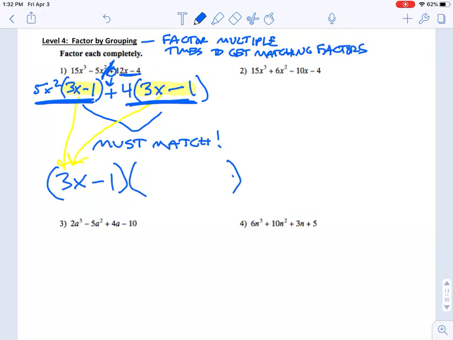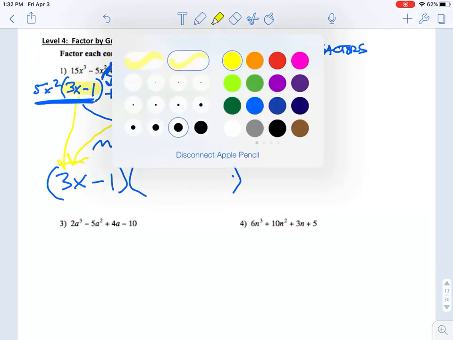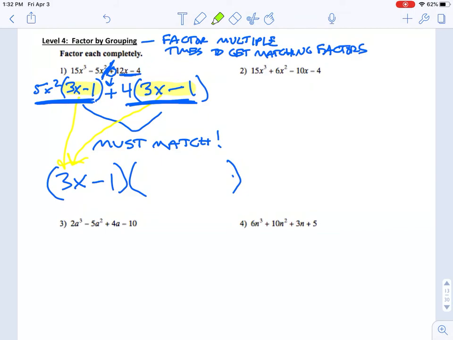And then you look at what's left. If you remove it from both parts, what do you have left? Well, you have a 5x squared and a positive 4. And that's what's going to end up going in the second set of parentheses. So that's the explanation for why we get what we get.